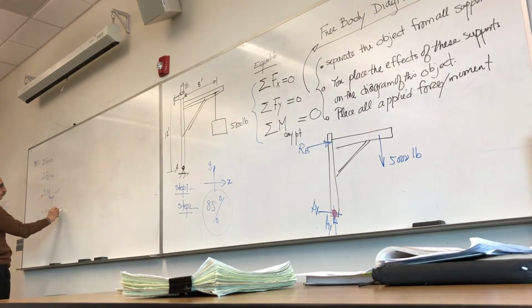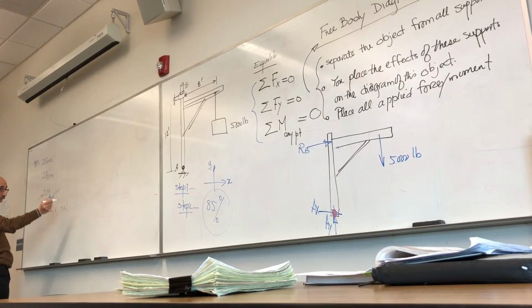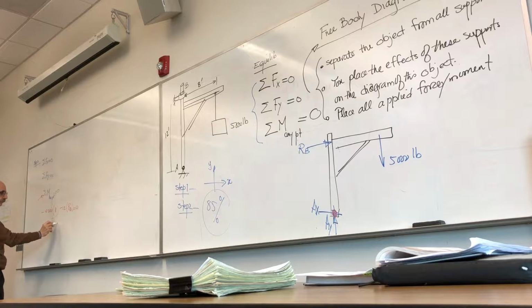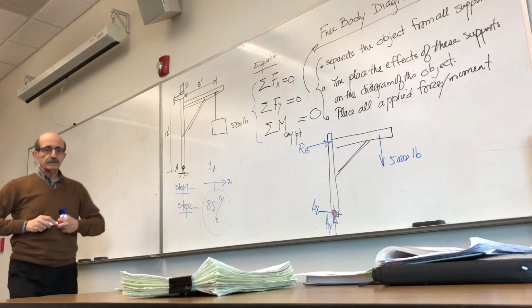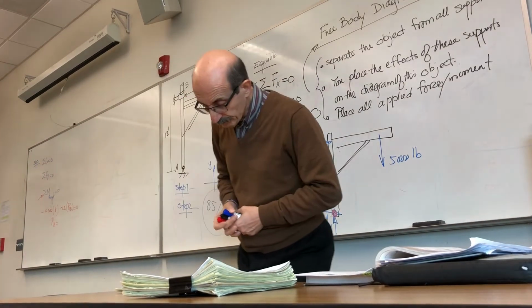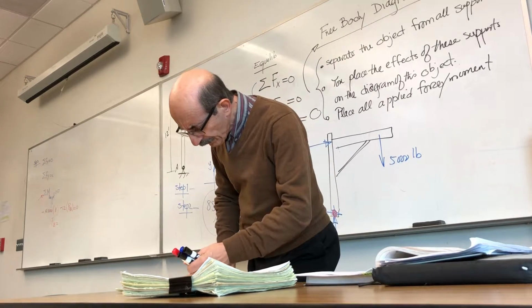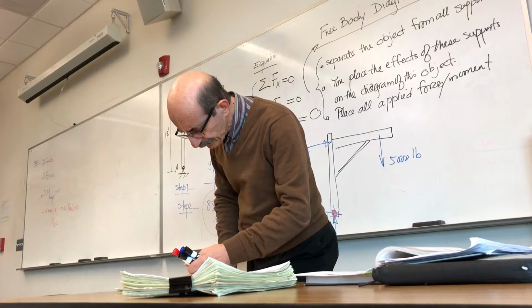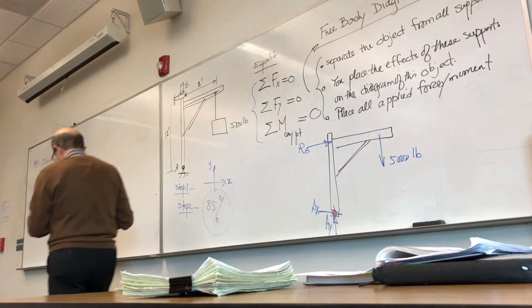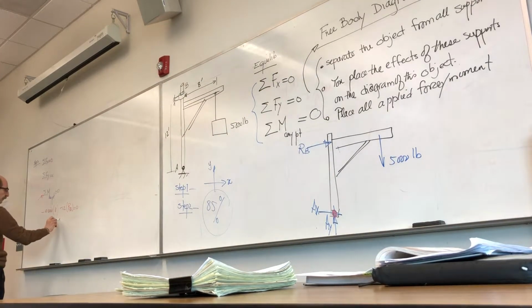So you have negative 12 times RB is equal to 0. And if you solve for this, you get reaction at B that comes out to be 3,330 pounds. But it comes out to be negative.